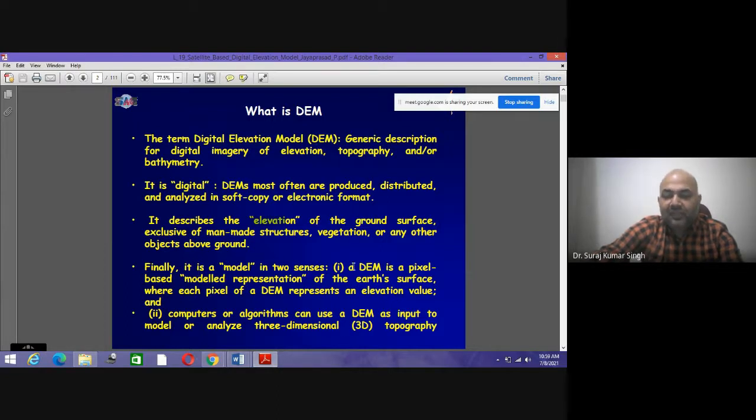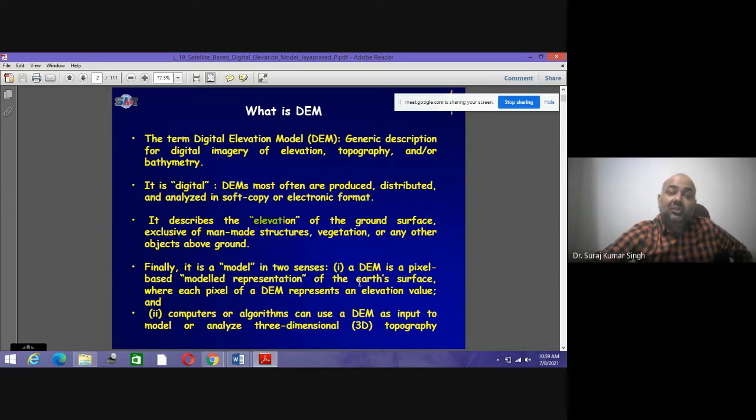So finally, it is a model in two senses. First, a digital elevation model is a pixel. Obviously, when you say digital elevation, you will be getting raster data. We are talking about digital elevation models in terms of remote sensing and GIS, so we are talking about raster data, which means pixels. So a digital elevation model is a pixel-based model representation of the earth surface. What do those pixels contain?